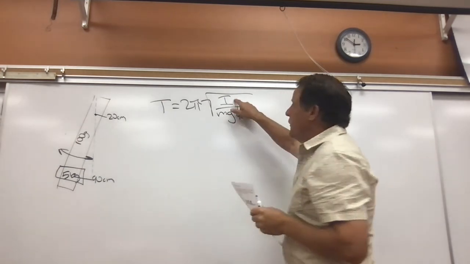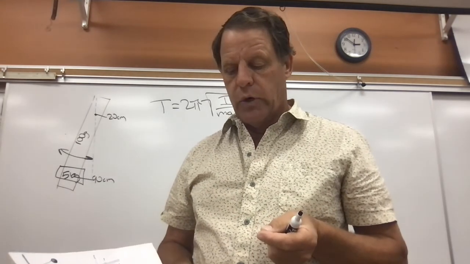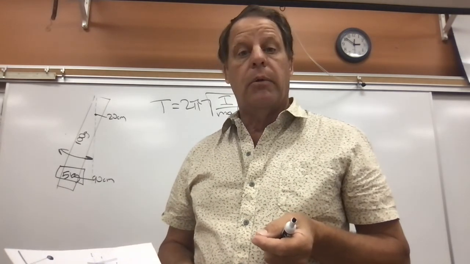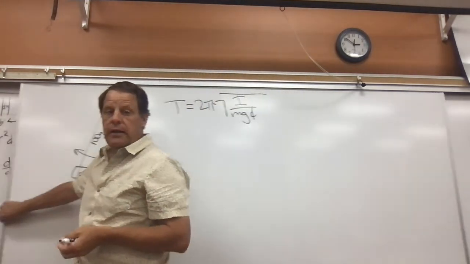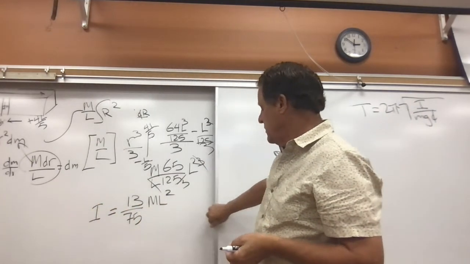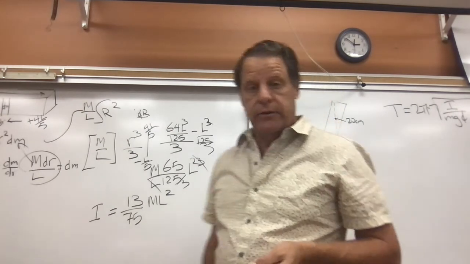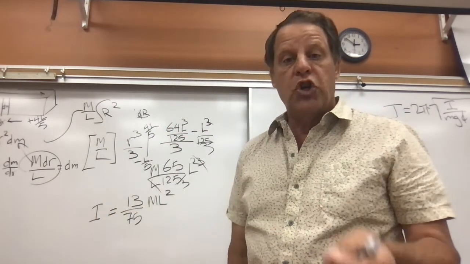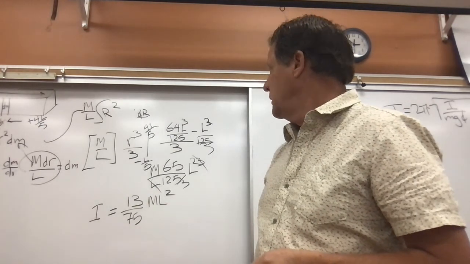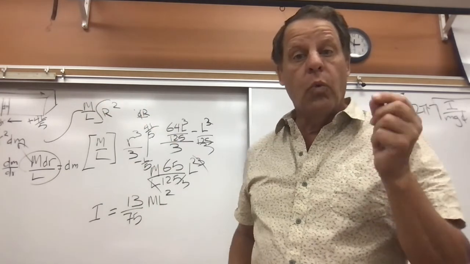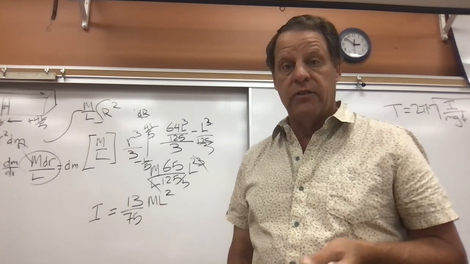All right. So the first thing we're going to have to calculate is what is the I for this, and this is kind of where questions 22 and 23 are going to come into play. Now, from 16 on the rotational equation, you were asked to calculate the moment of inertia of a meter stick that's 1/5 in from the edge, and 1/5 of a meter stick is 20 centimeters.